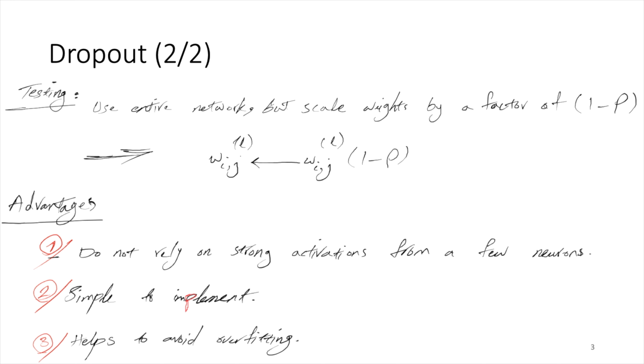Normally the recommended factor for Dropout is 50%, but I've seen other works playing with this hyperparameter to other numbers.